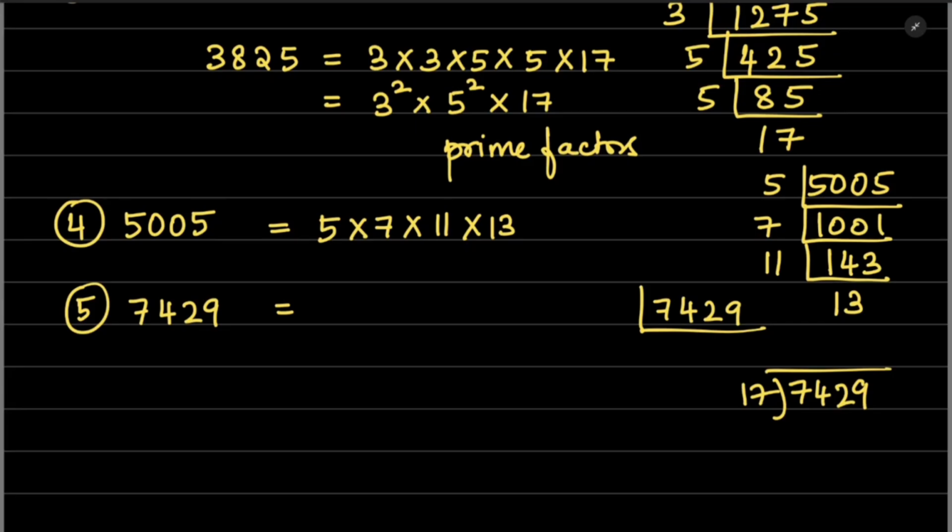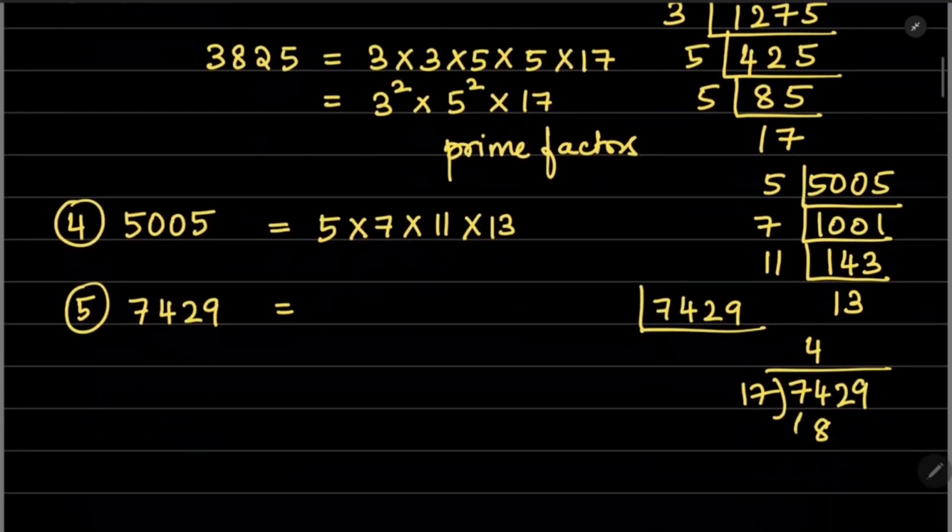So if you go ahead, 17 into 4, let's quickly divide it. You can also do it along with me. 7429 divided by 17. So you have 4. 7 4s are 28, 8, 2, 6, 68, right? Here you will have 68. Subtract. So 62 again. So then 3, go with 3.